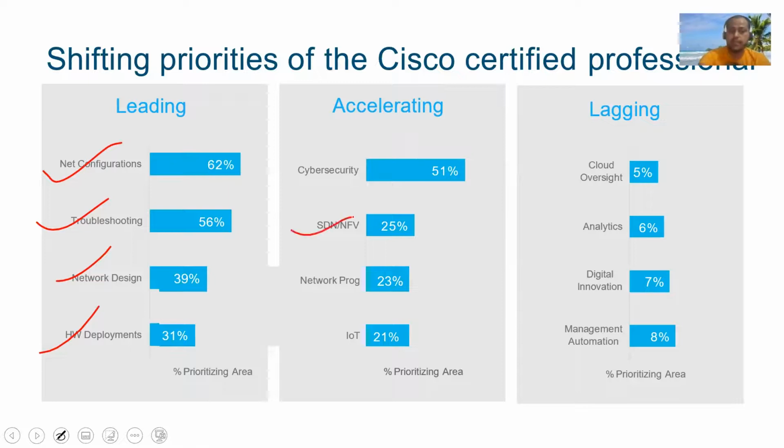And now, because there is a paradigm shift in networking, we have SDN, network programming, IoT, and cybersecurity. Cybersecurity is also a key area, because while we are moving into digitization, you have to understand the security threat nowadays with newer frameworks like SDN or DNA, etc. Customers are getting directly exposed to the cloud, to the internet, to the public area.